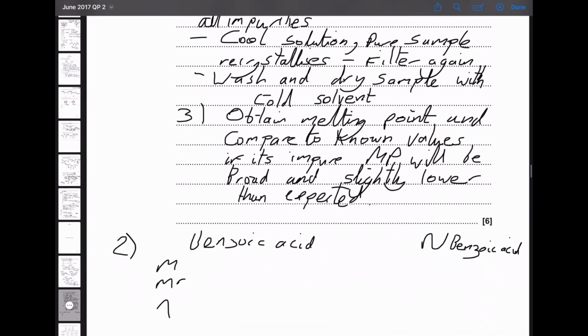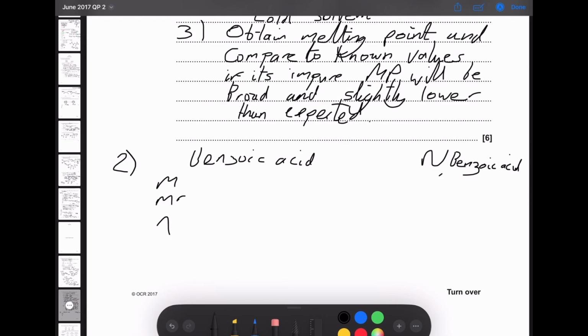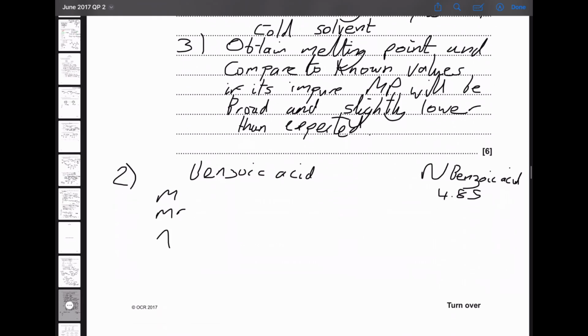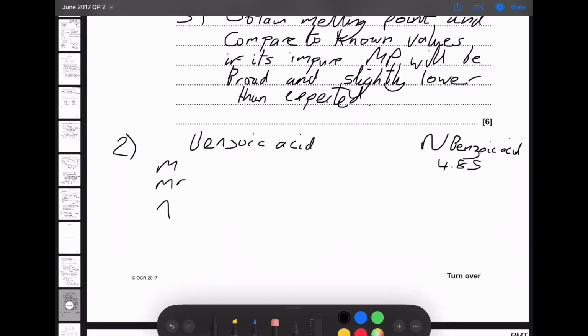We obtain 4.85 grams, and we put in 4.97. So we know this is going to be in a 1-to-1 ratio. We don't need to worry about anything else because we did the mechanism earlier.